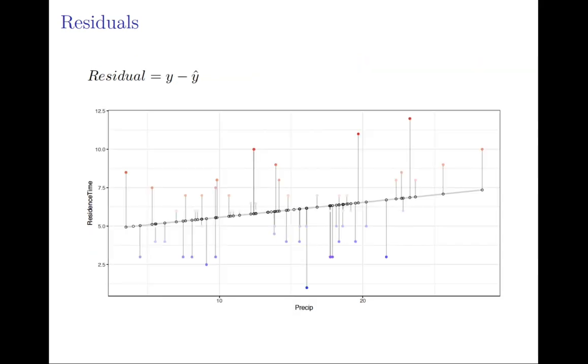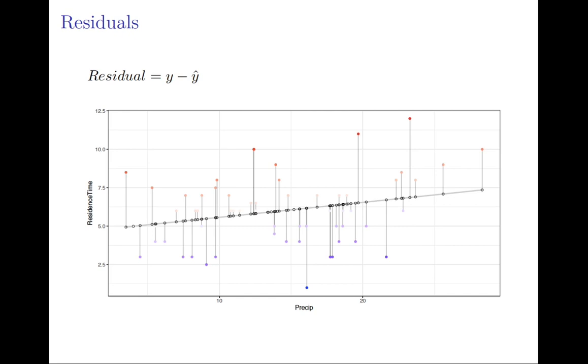But you can also plot your residuals with your actual x and y variables, looking at the actual slope. So here you have your expected mean line, the trend line. That's that y = β0 + β1x + ε. And so here's your slope, and here your x-axis is precipitation and your y-axis is residence time.